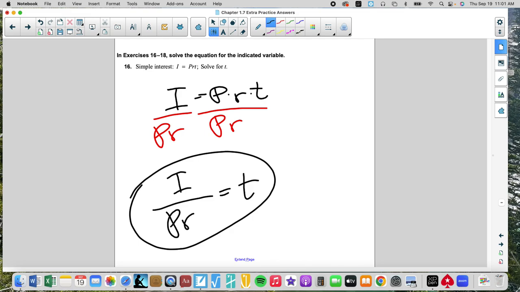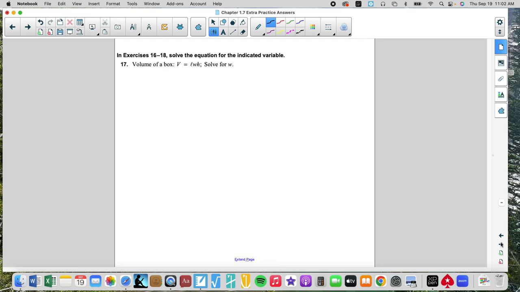Whoa, that's an interesting thought. Money over money times a rate will give you a time length. Wow, that's weird.